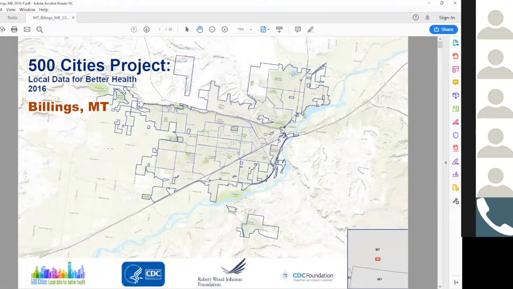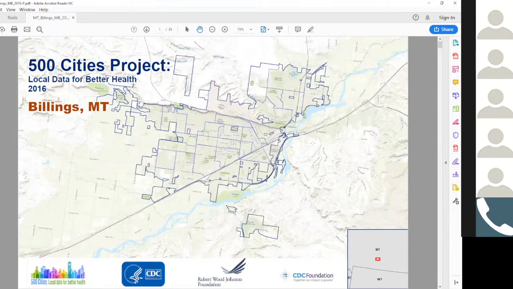As you can imagine, a 500 Cities project means that they focus on the 500 large cities. So in terms of Montana, the only two cities that are evaluated as part of the 500 Cities project are Billings and Missoula. But for those two cities, they do capture quite a bit of data at the sub-county level.